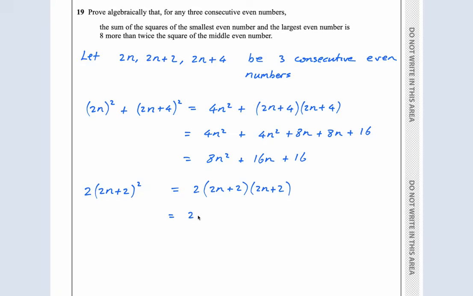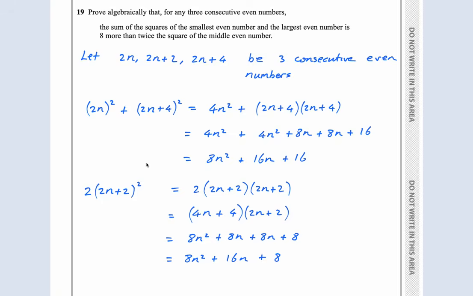I could just multiply the 2 first. 2 times 2n is 4n, 2 times 2 is 4, so it's this times this. 4n times 2n is 8n squared. 4n times 2 is plus 8n. 4 times 2n is plus 8n. And 4 times 2 is plus 8. This is equal to 8n squared plus 16n plus 8.